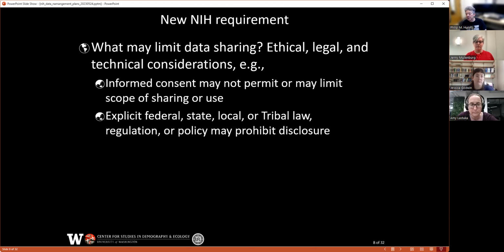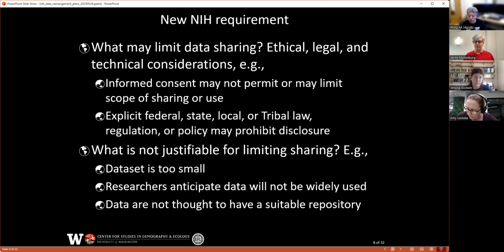And then this gets into personally identifiable information or protected health information or other things that are covered by regulations such as HIPAA. Then also there may be explicit federal, state, local, or tribal law and other regulations or policies that specifically prohibit disclosure.